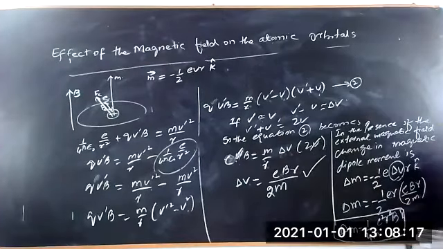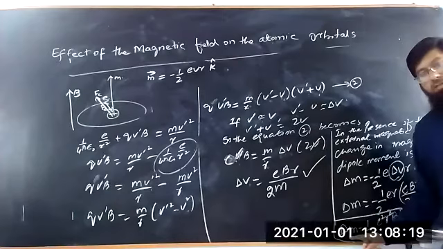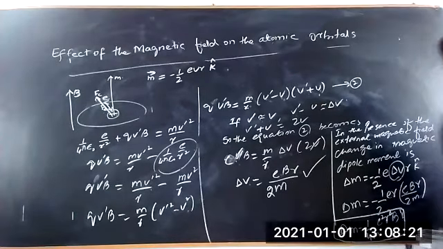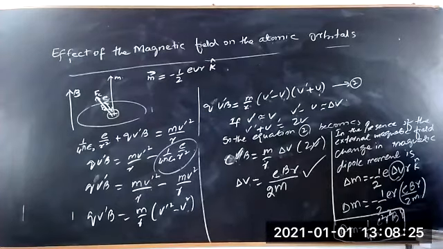This is the change in the magnetic moment when this orbiting electron is placed in the magnetic field.